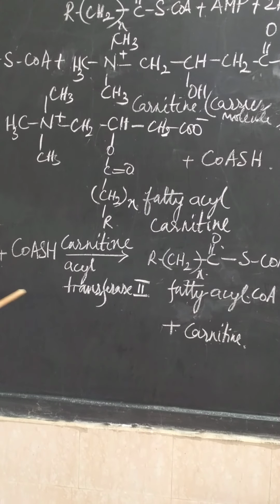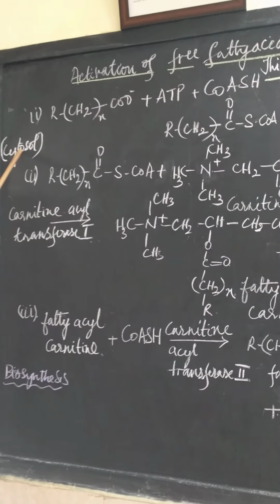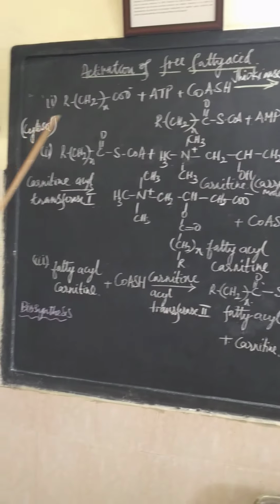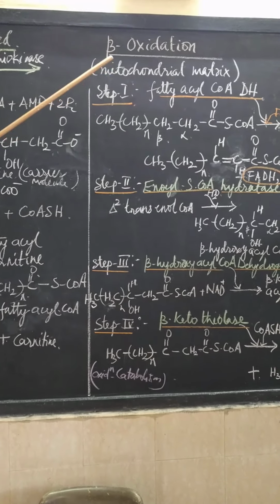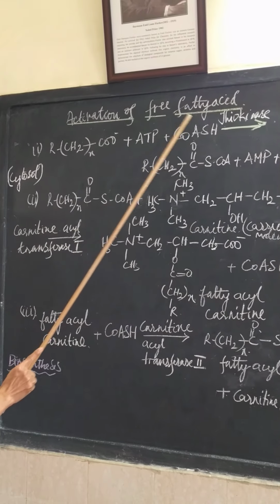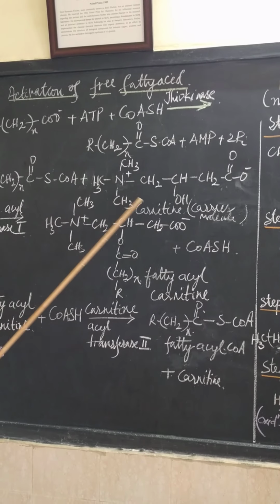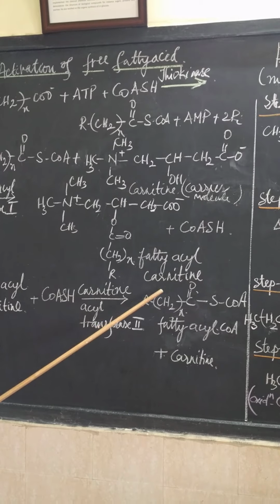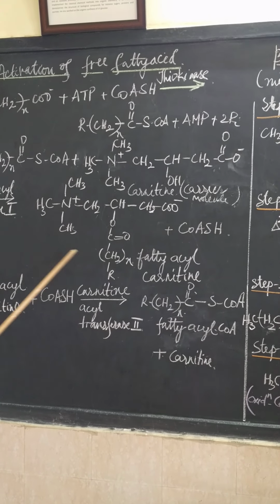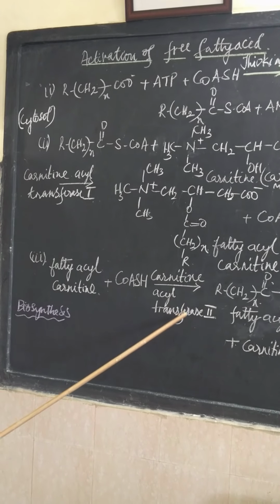Now we find that biosynthesis of fatty acids happens in the cytosol, while oxidation, the catabolic pathway, happens in the mitochondrial matrix. There is a complete separation of these compartments. So: activation of free fatty acid by the enzyme thiokinase, then loading onto carnitine. Carnitine gets into the mitochondria, where it interacts with CoASH by another enzyme, carnitine acyl transferase 2.